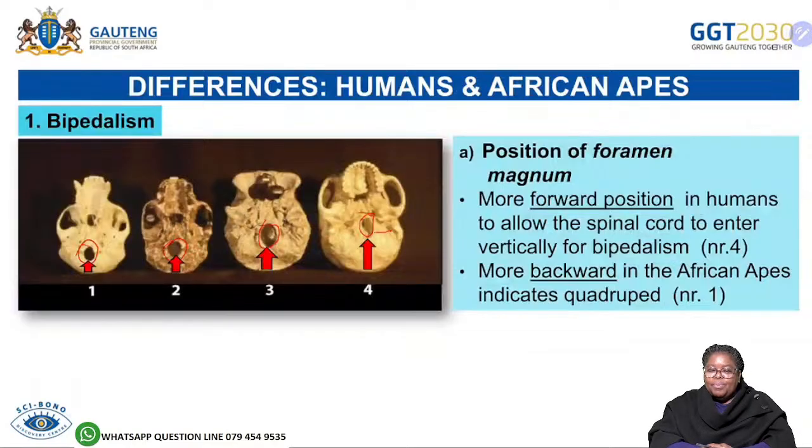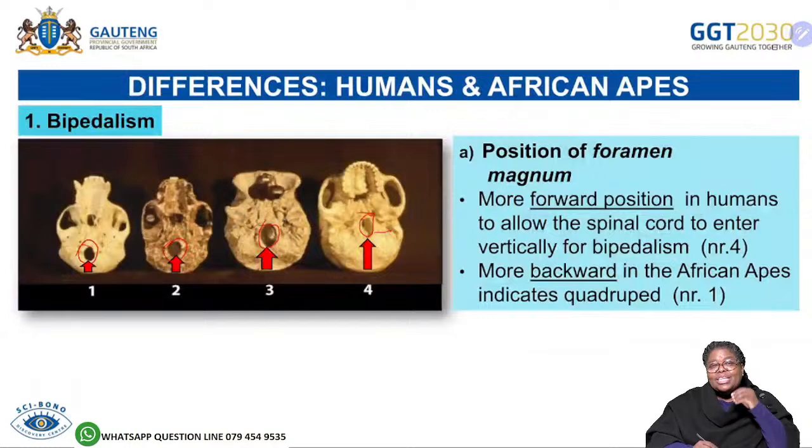This is our number 4. Now the foramen magnum is in a more forward position. Those 3 words are very, very important. You should indicate that the foramen magnum of the humans is in a more forward position so that you get a full mark. Why is it in a more forward position?